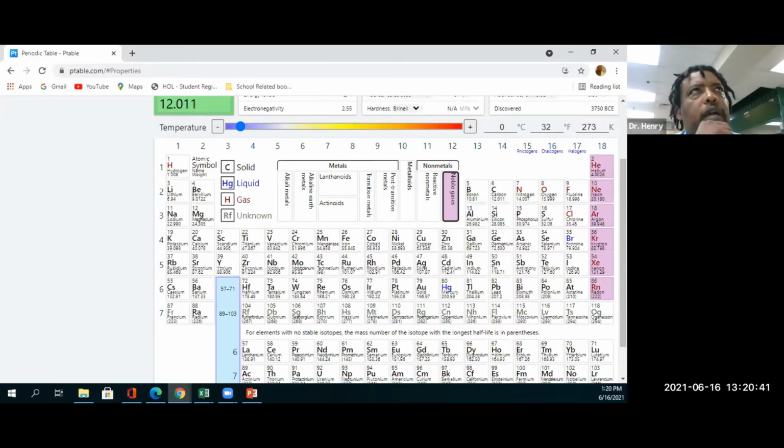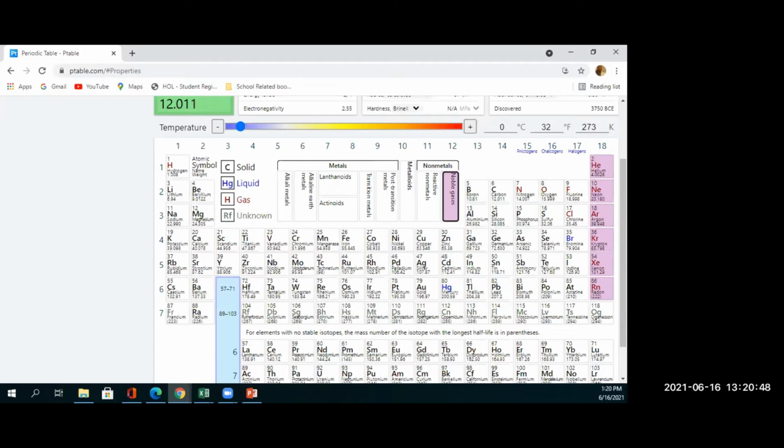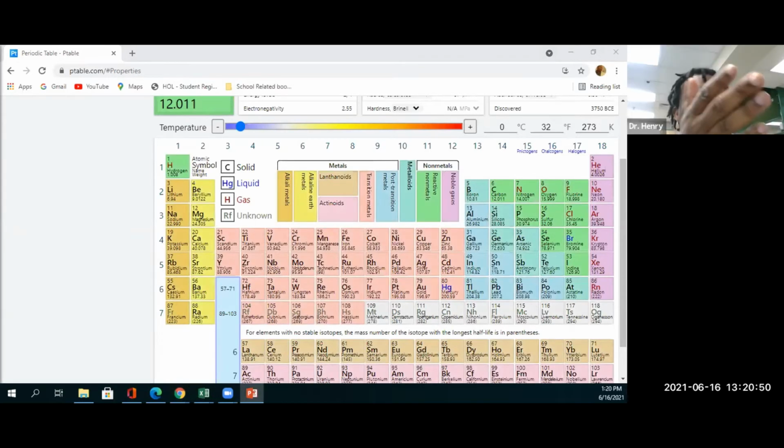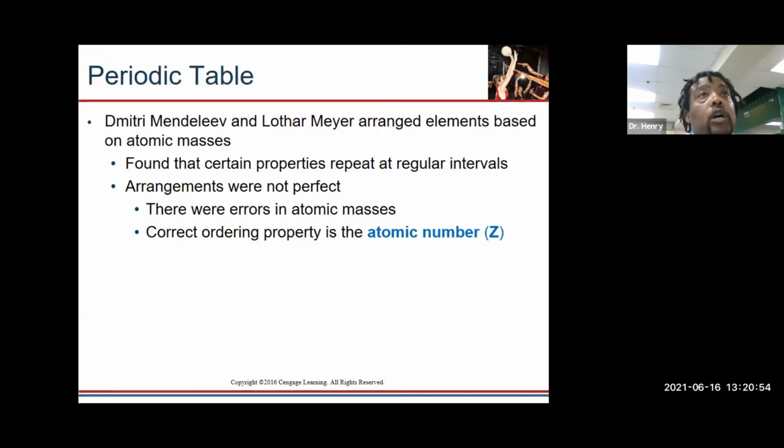What does the atomic number represent? Protons. So we're organizing the periodic table based upon protons. The symbol we use for atomic number is Z, and you'll often see it throughout chemistry. That's making reference to the atomic number.